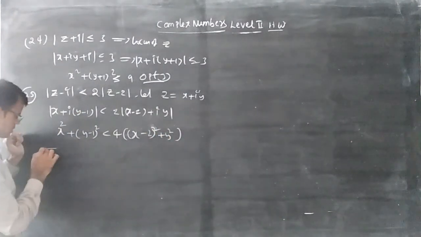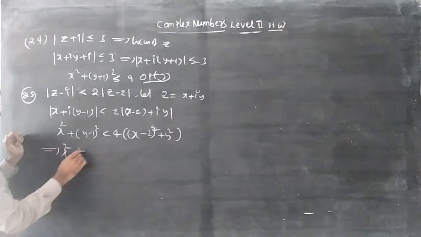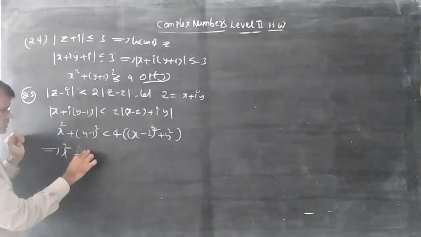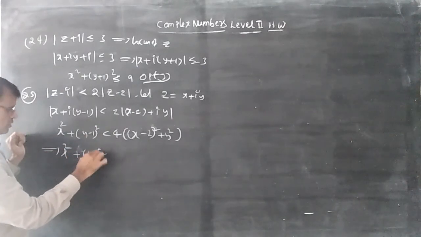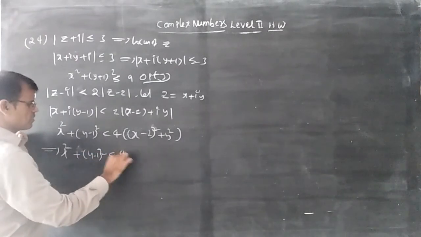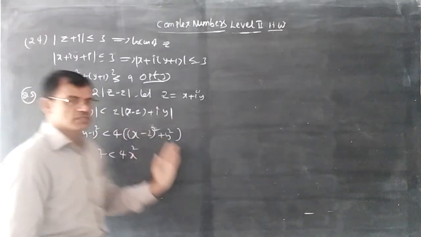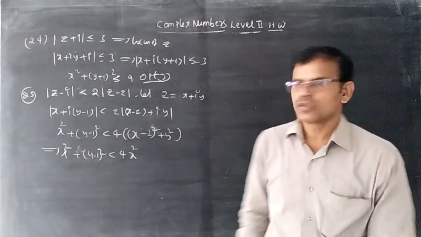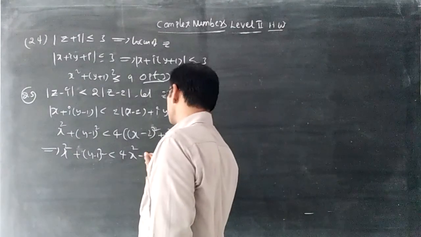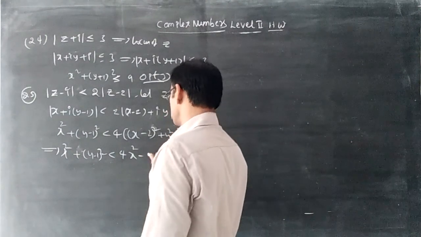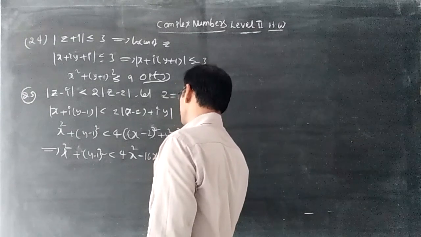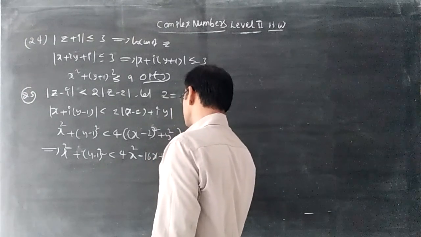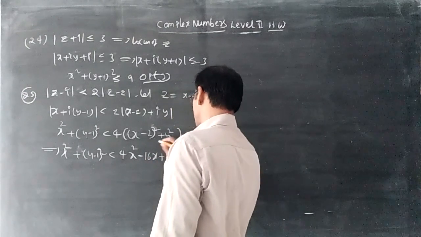That implies x square plus y minus 1 whole square, multiply this one completely with 4. Then write like this: 4x square minus 16x, 4x square minus 16x plus 16 plus 4y square.